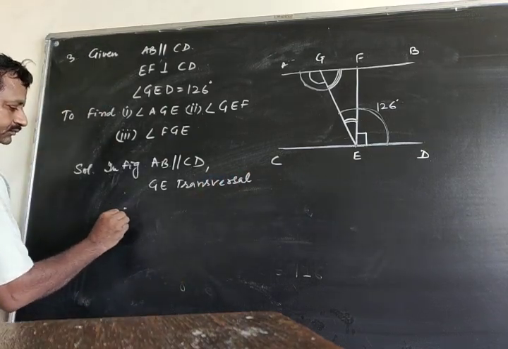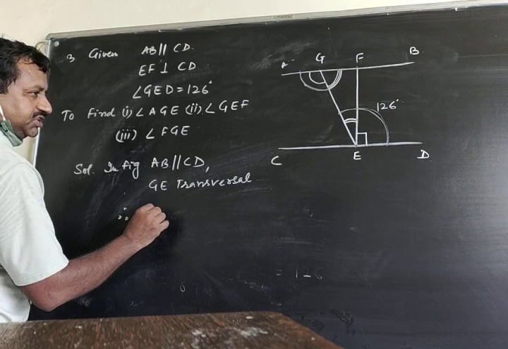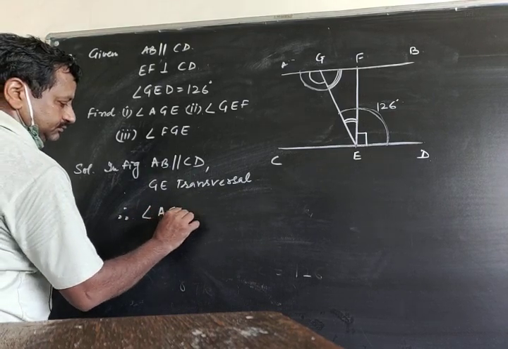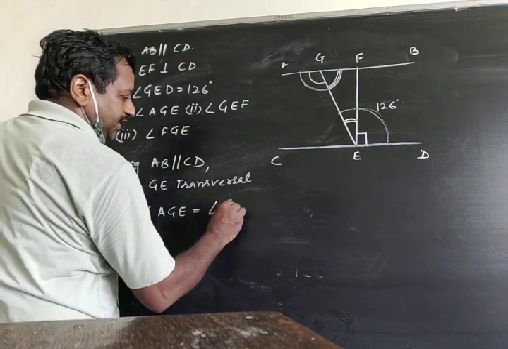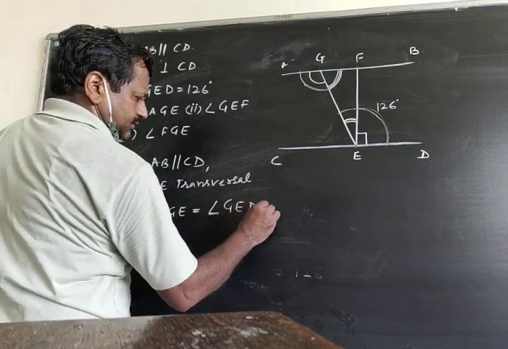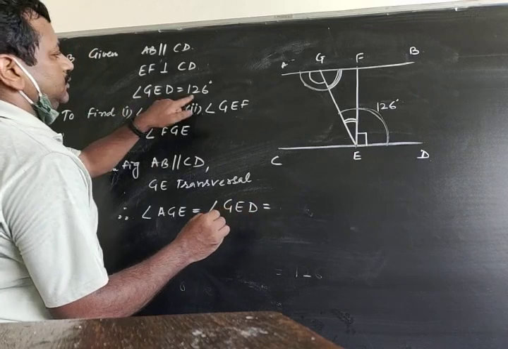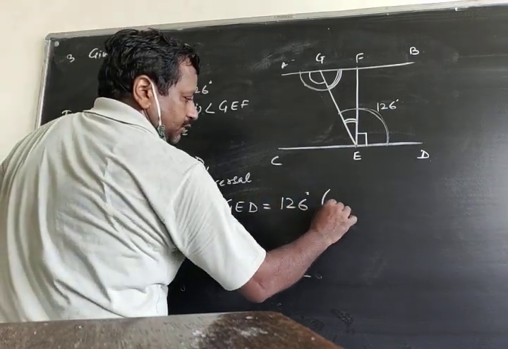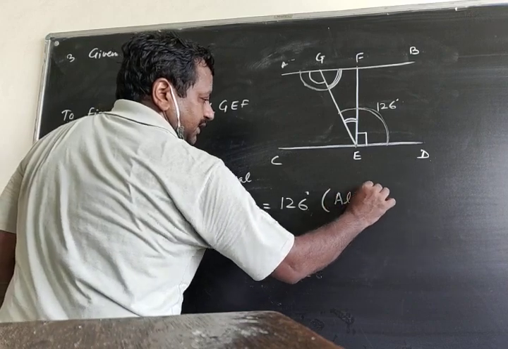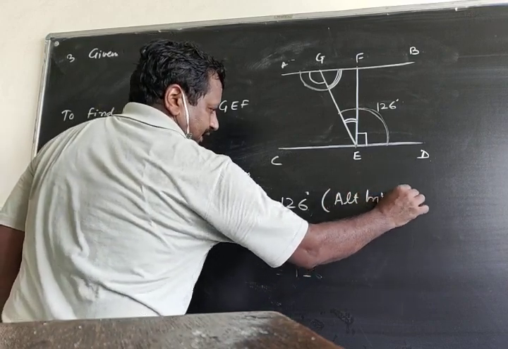Therefore, angle AGE will be equal to angle GED, which is equal to 126 degrees, because of alternate interior angles.